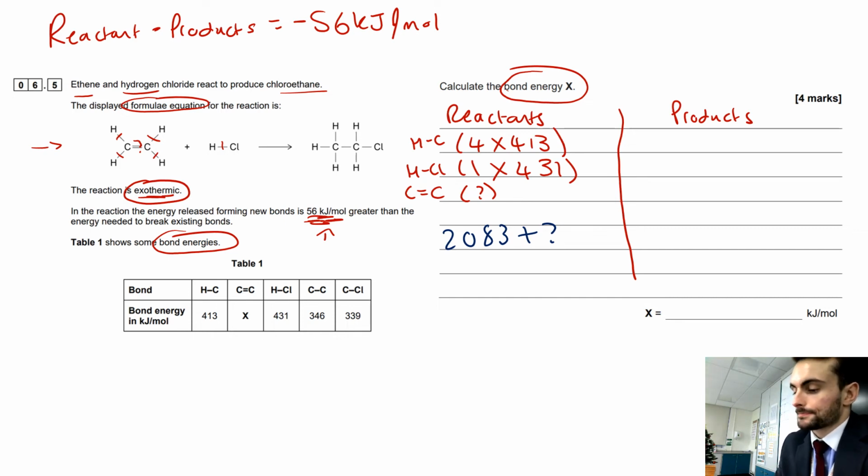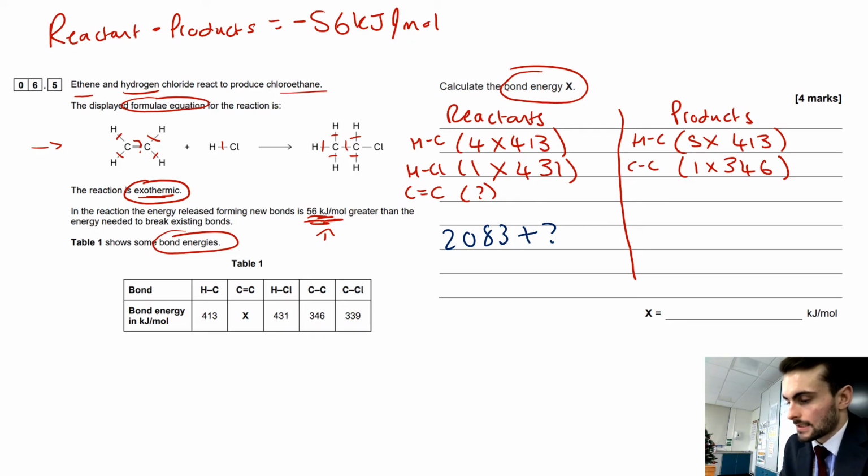Let's do the products. So we've got C-H bonds on that side as well. How many have we got? We've got 1, 2, 3, 4, 5 of those. So 5 times 413. And then we'll do the C single bond C ones. How many of those have we got? Just the 1. So it's going to be 1 times 346. And then we've got the C bonded to Cl. Just the 1.